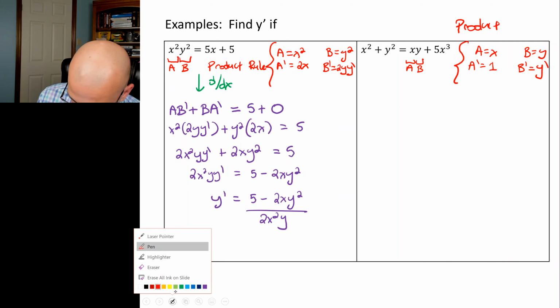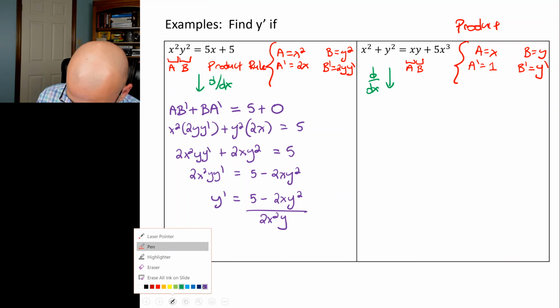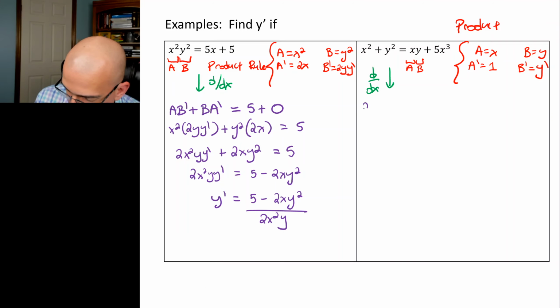We'll take the derivative of both sides using that information. So the derivative of x squared is 2x, derivative of y squared is 2y y prime, equals ab prime plus ba prime, plus the derivative of 5x to the power of 3, which is 15x squared.